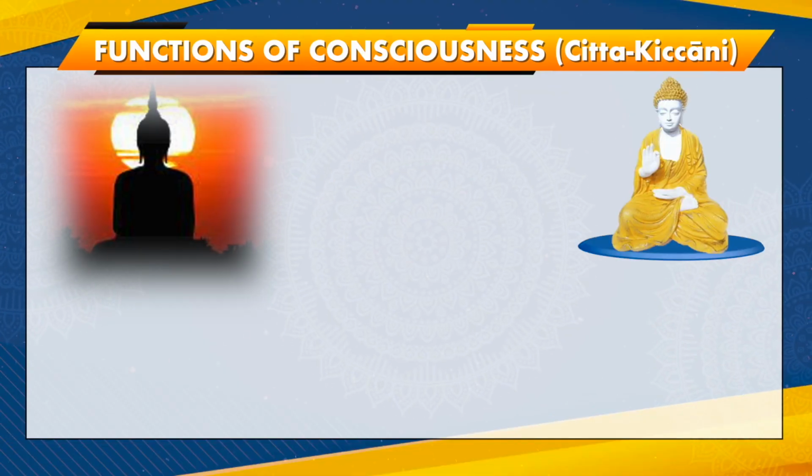Now, the question arises: which type of consciousness, which are 89 or 121 in number, performs which function? In this respect, there is a humble attempt to analyze the functions and the consciousness one by one. So, we are going to discuss all these 14 types of functions.